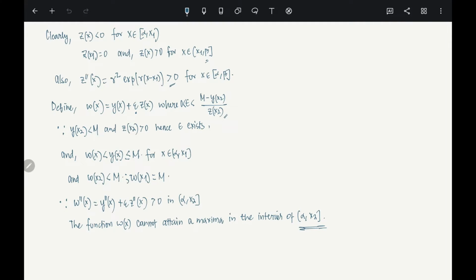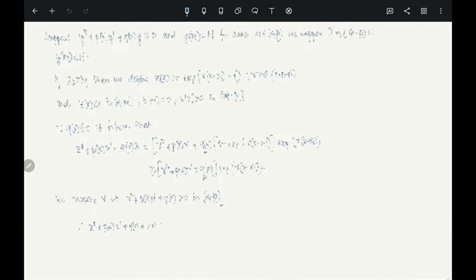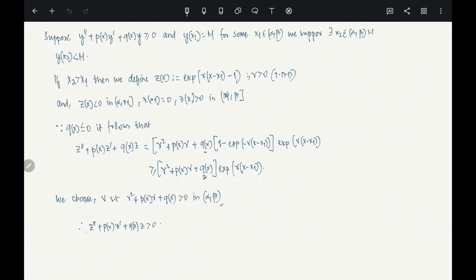We showed that w double prime is strictly positive, and then it cannot attain a maxima. This you can say using the first part of the theorem, and then you use this logic. Exactly the same sort of logic works, and you show that the maxima cannot be attained. So basically, you will get a contradiction.